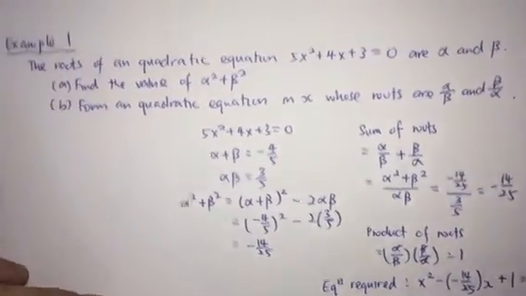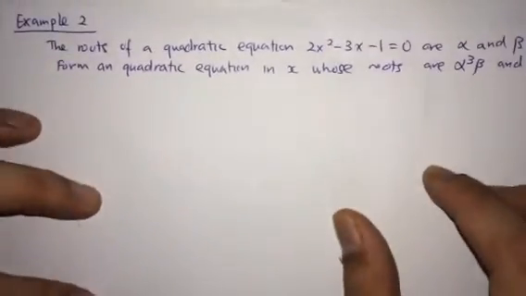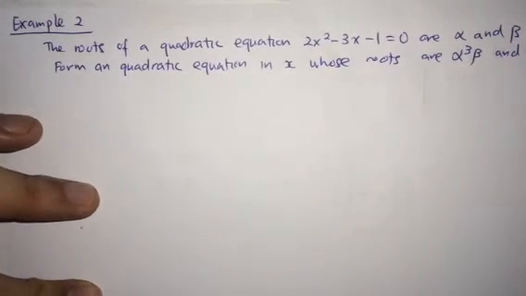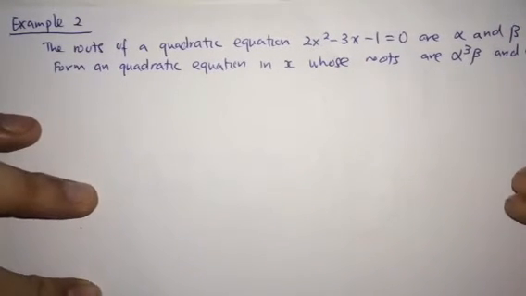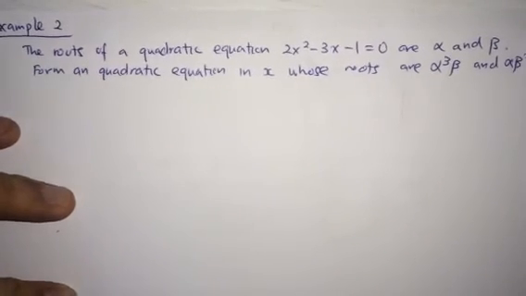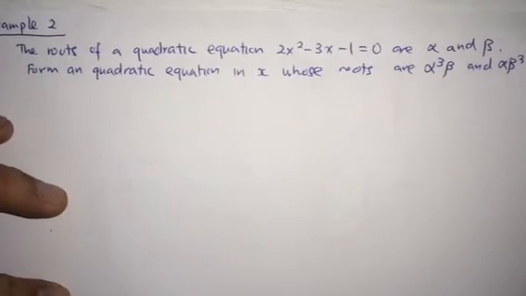Now let's take a look at example 2. Notice that in this example 2, we do not ask for alpha squared plus beta squared, but make it a habit to find alpha squared plus beta squared whenever you are dealing with an alpha beta question.